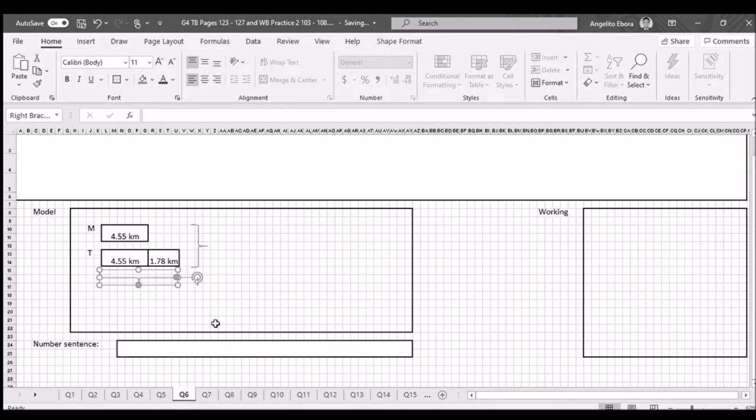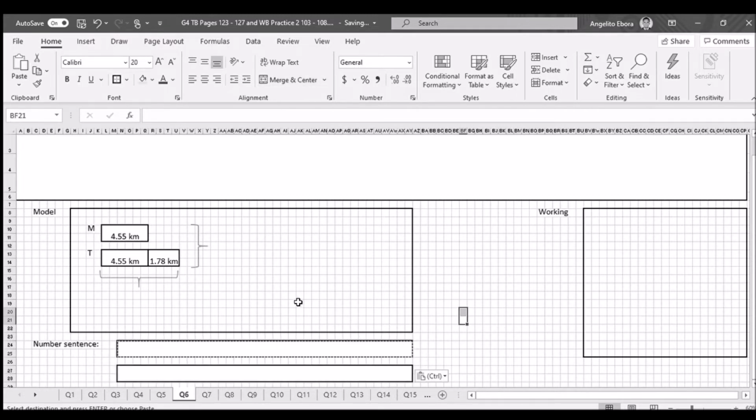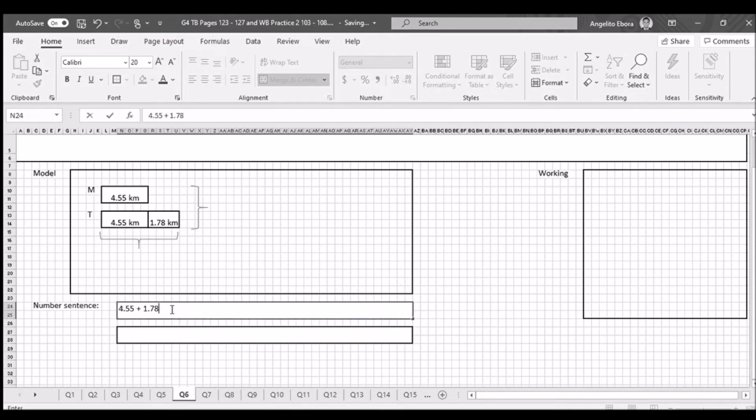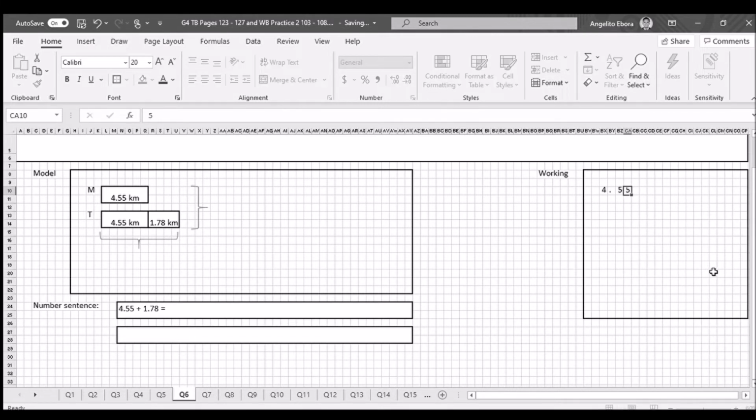Okay, let's find Tuesday first. So Tuesday, 4.55 plus 1.78 is equal to blank. Let's do the working. 4.55 plus 1.78.